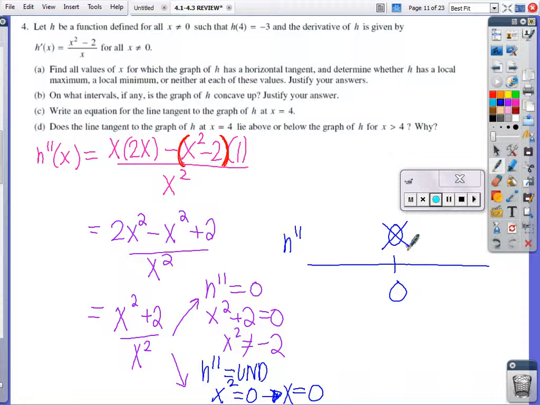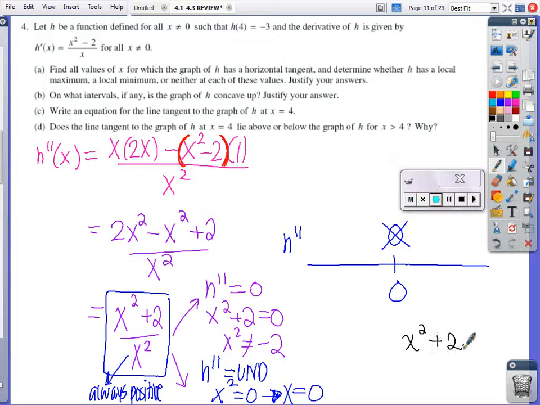We are going to look for our pluses, but I'm going to be substituting into this fraction here. Notice that the denominator is always positive because the whole thing is squared. So I'm only going to put my signs into the x squared plus 2 portion.